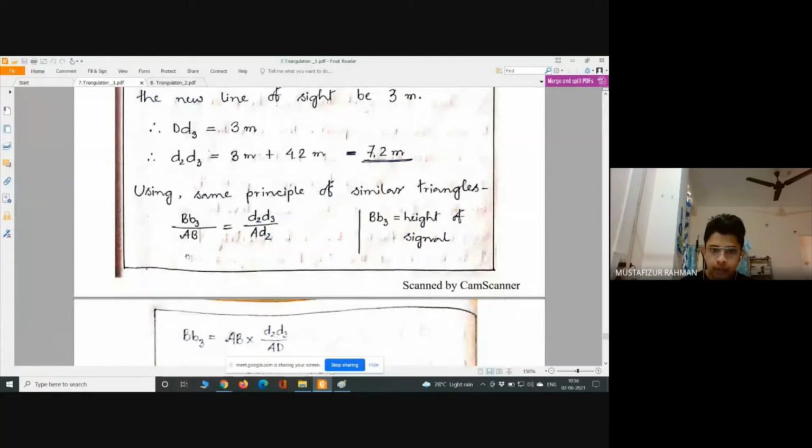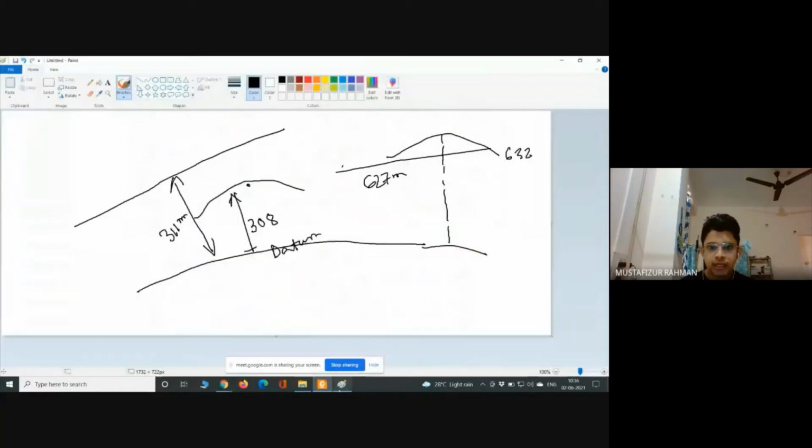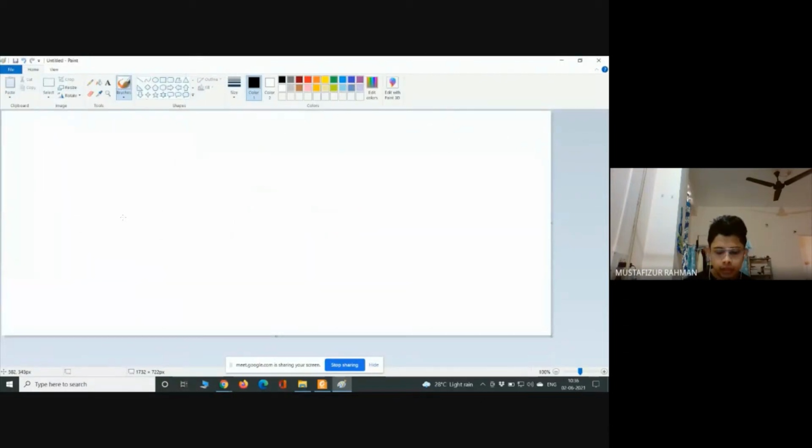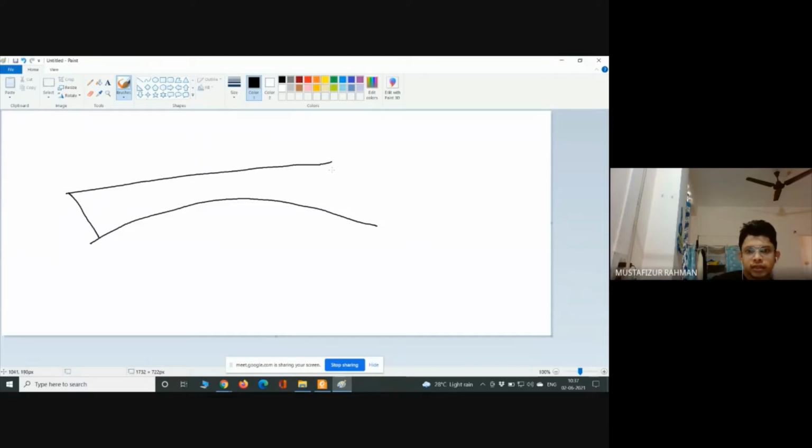Now again, we use the same similar triangle concept. Now it is like this. It was like this. From A point, we looked at the ground of B point, right? We have C point here, we have D point here. So the D point is above, the C point is below.